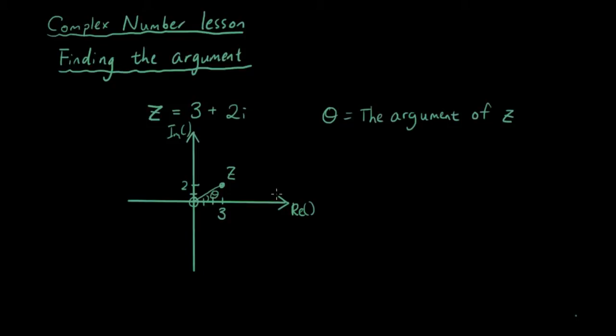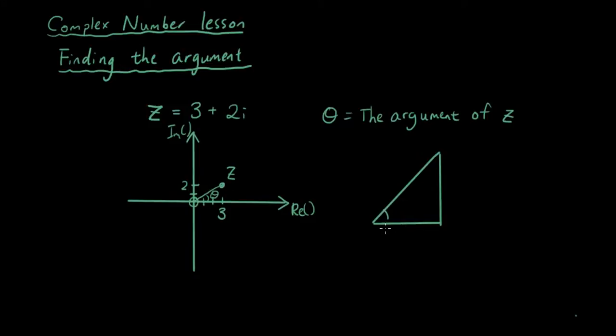In order to find this angle, I'm going to draw a bigger triangle so you can see what you have to do. So this is the triangle that represents what we have over here.